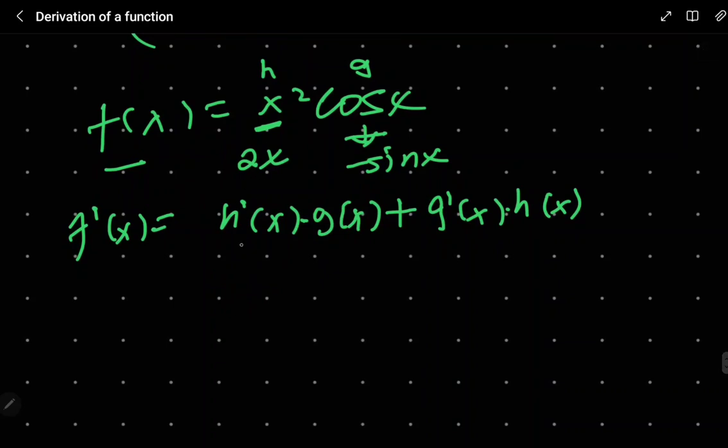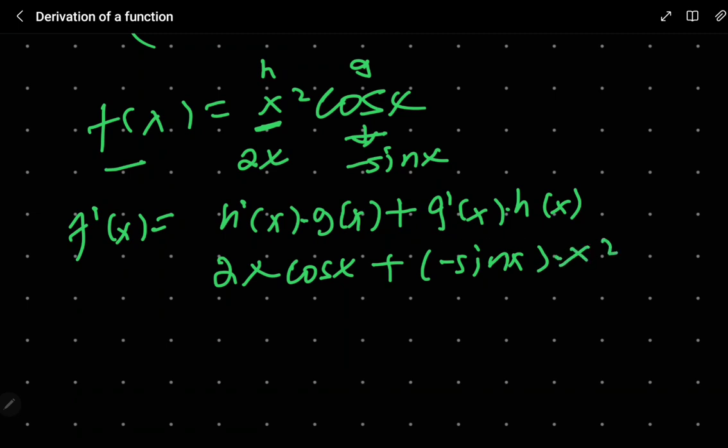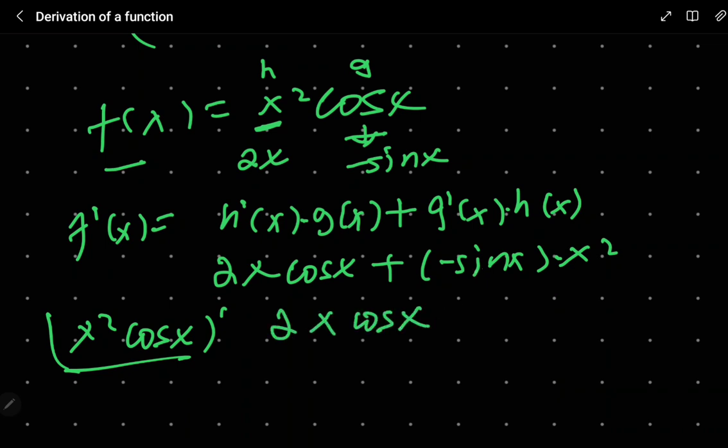So h'(x) is 2x, g(x) is cos x, plus g'(x) is minus sine x, times h(x), which is x squared. So the derivative of x squared cos x is 2x cos x minus x squared sine x.